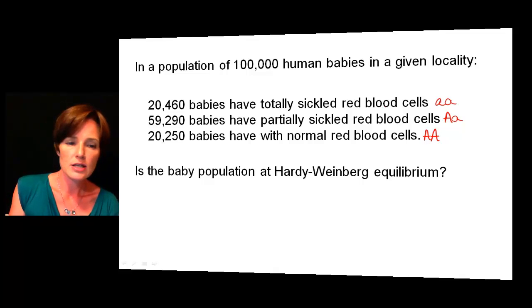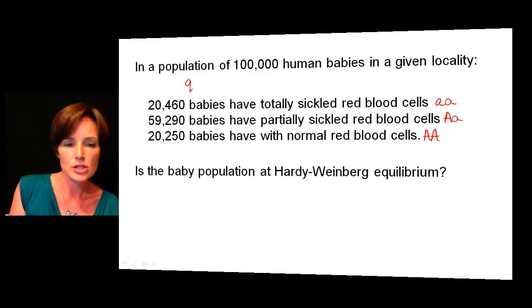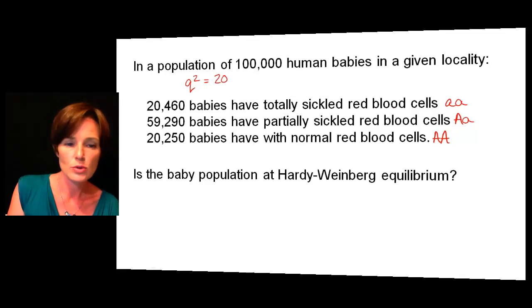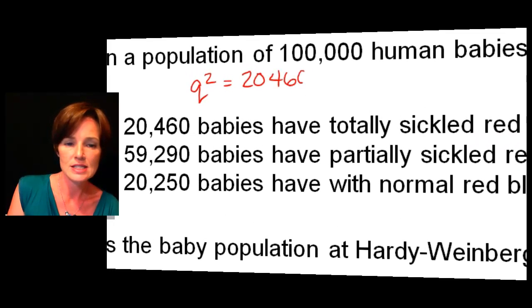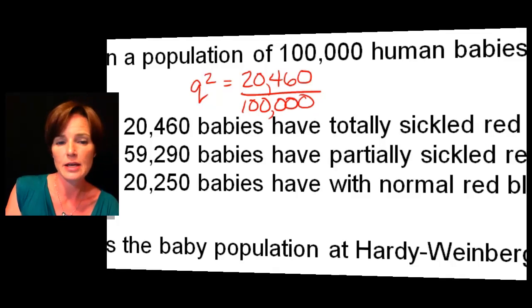To do that, let's take a look at the babies that have the sickle cell anemia. So little a, little a represents Q squared. And we know here that we've got 20,460 babies out of 100,000 that have little a, little a.